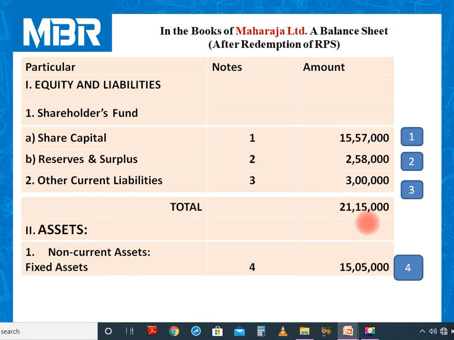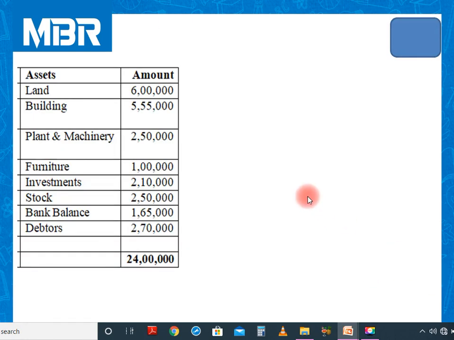Let us move to asset side. On asset side, the first item is non-current assets, popularly known as fixed assets. In this question, we have prepared a separate note number 4 for the calculation of fixed assets because so many items are given that are to be covered under the category of non-current assets. On left hand side of your screen, you can check the balance sheet given in the question.